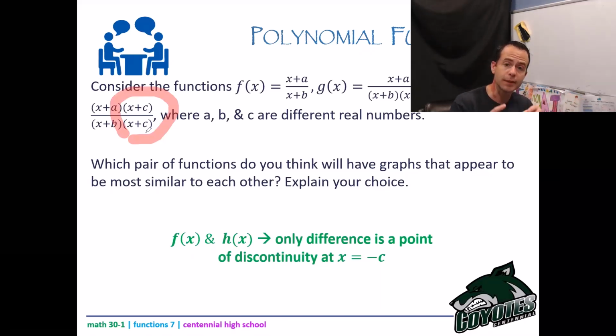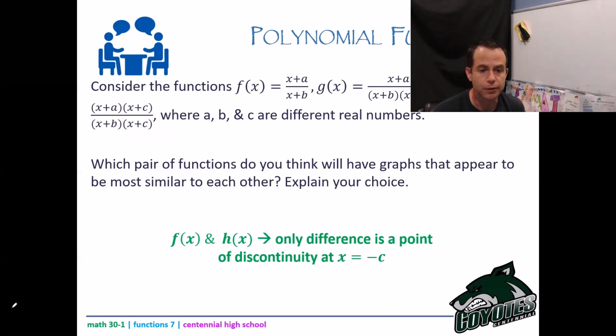But remember, I don't want you to write it in simplified form because then we lose the fact that there's a point of discontinuity there. When we have that shared factor, that creates that little hole in the graph. So these graphs would look exactly the same, except that the h of x one would have that tiny hole for the point of discontinuity.